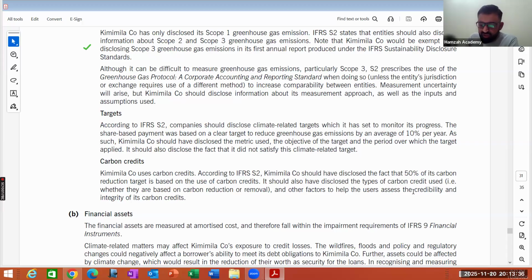It should also have disclosed the type of carbon credit used, for example, whether they are based on carbon reduction or removal, and other factors to help the user assess the credibility and integrity of the carbon credit. That fact also needs to be disclosed, that they have carbon credits and have used carbon credits to report a 50% reduction in carbon emissions in the environment.